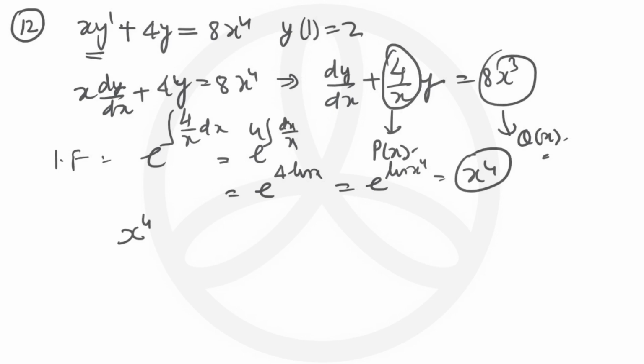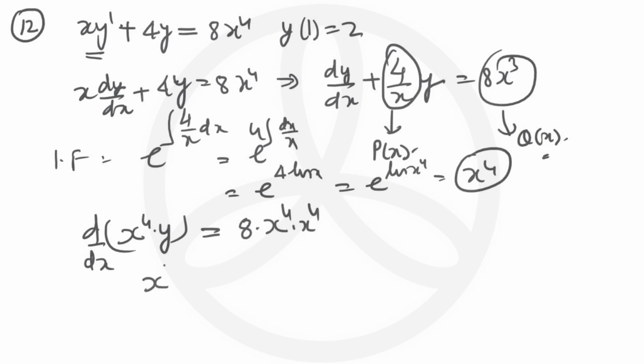So we can write this as x to the power 4 times y is equal to 8 times x to the power 4 multiplied by x to the power 4, and then we will apply integration.